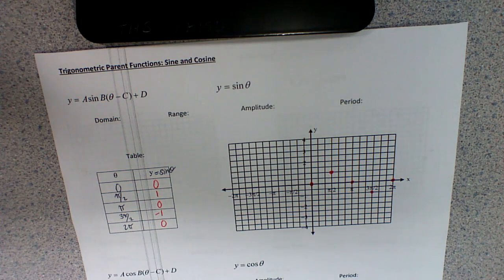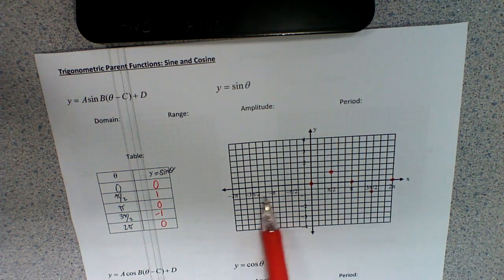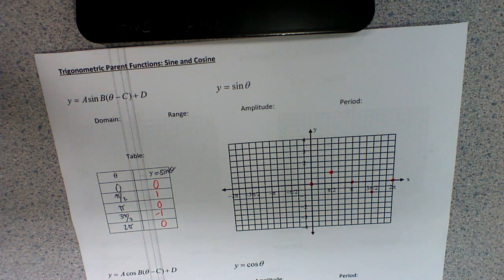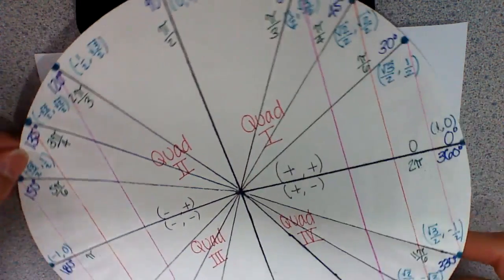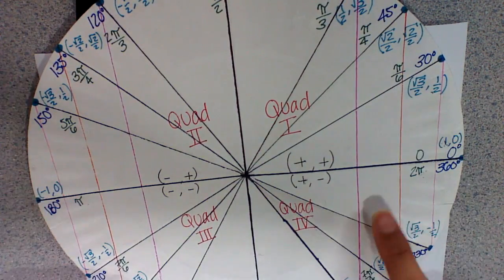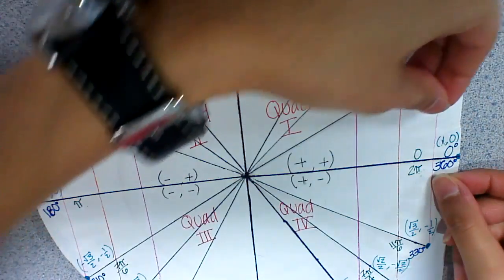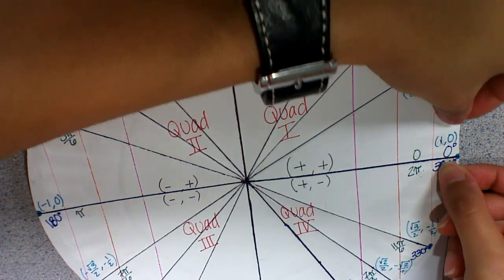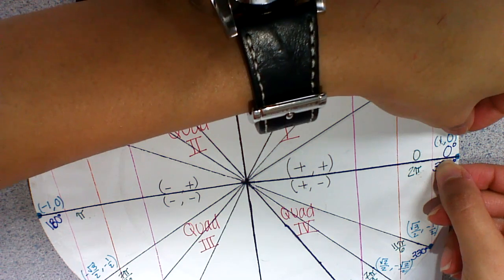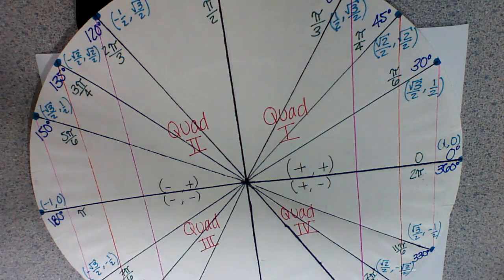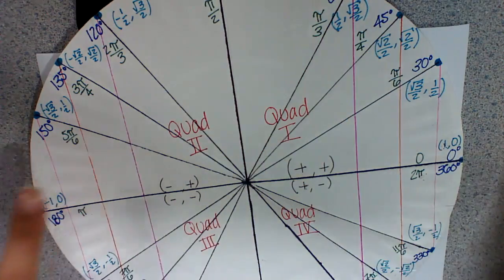Now what I want you to notice is that your graph here is actually in terms of radians on the x-axis. Now the reason for that is, think of it this way. If this is your unit circle, what's happened is we've basically taken it apart and folded it out completely, we've torn it apart so that it creates a horizontal line.